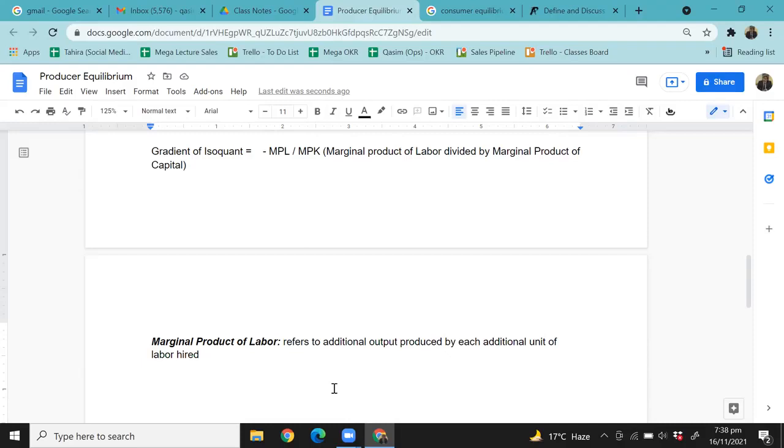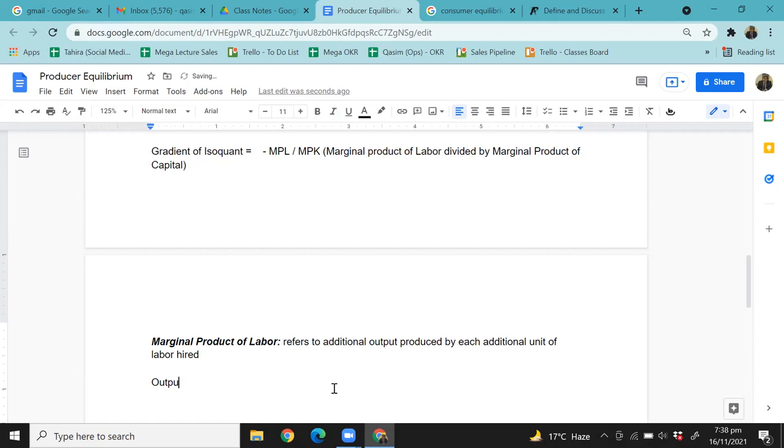So marginal product of labor refers to the additional output produced by each additional unit of labor hired. To give you an example of how we calculate that, let's look at an example of how we calculate the marginal product of labor. On the left column you have the output, or let's do it like this.